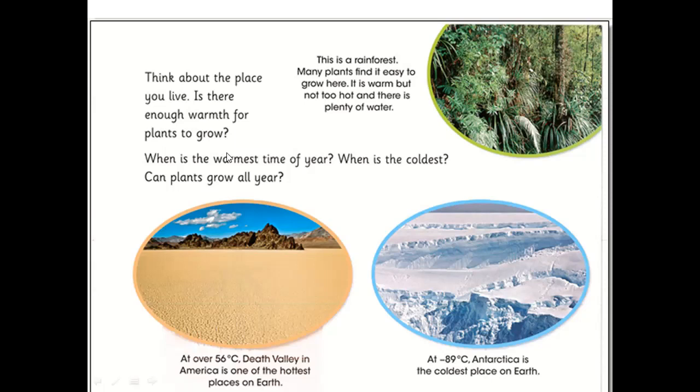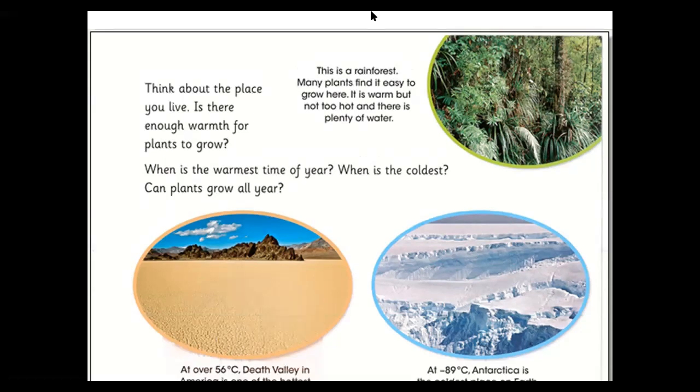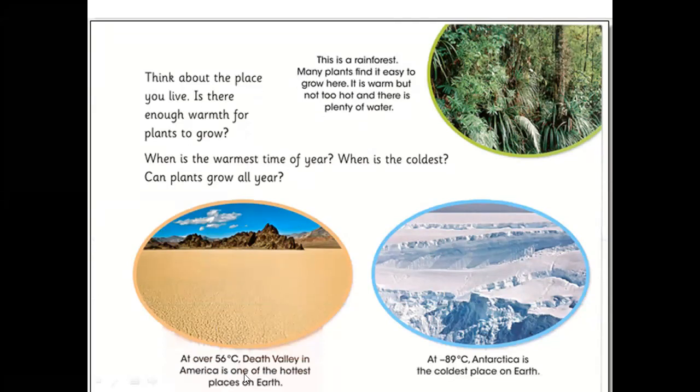When is the warmest time of the year? At the end I will discuss that first. I will tell you about these slides: too hot weather and too cold weather. At over 56 degrees Celsius, Death Valley in America is one of the hottest places on earth.